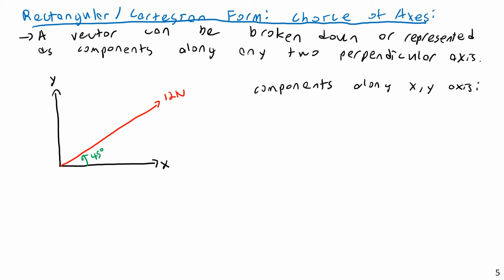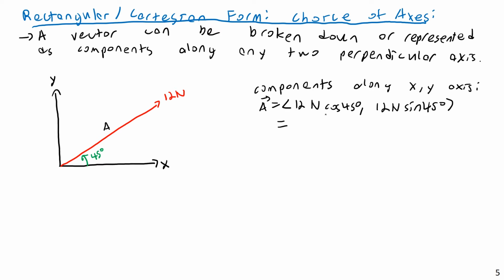Because I picked the nice 45-degree angle, these would actually be the same. It would be 12 newtons, and if this is A again, vector A would equal 12 newtons cosine 45 degrees, comma 12 newtons sine 45 degrees, but these would come to exactly the same thing.